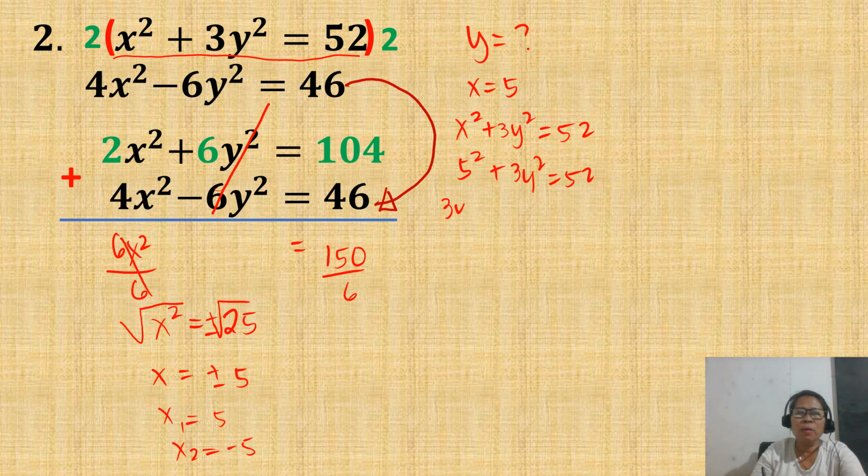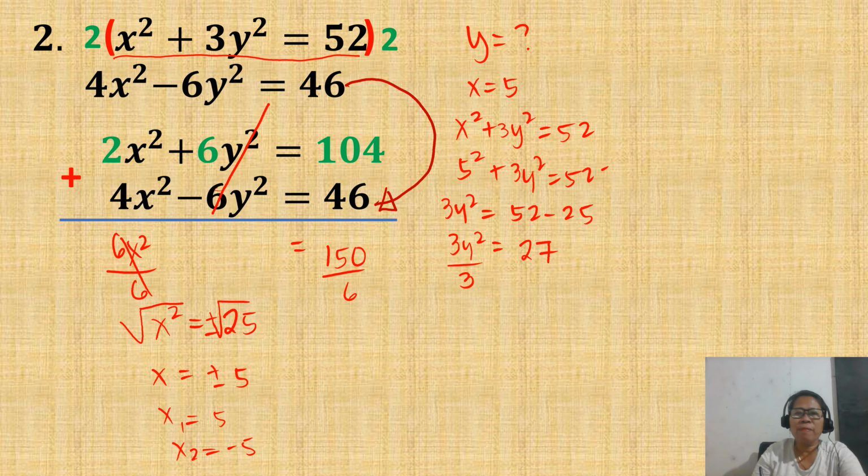And 5 squared will be 25. When transposed, that will become negative 25. And 3y squared is equal to, what is 52 minus 25? It will be 27.